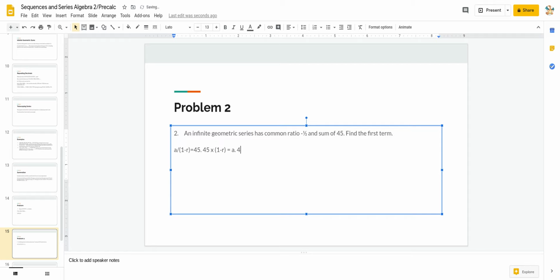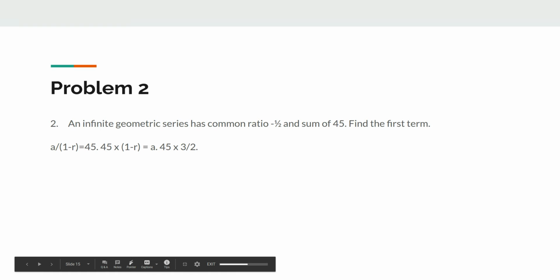So a is equal to 45 times 3 halves. Yeah, you guys all have 0. So do not copy the people above you because you do not know if they're right.